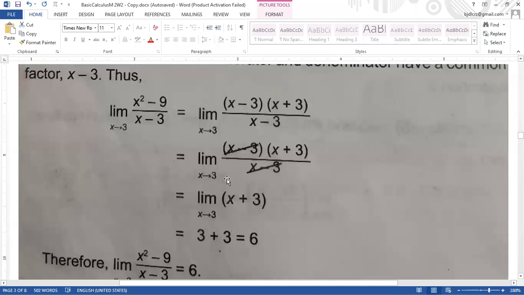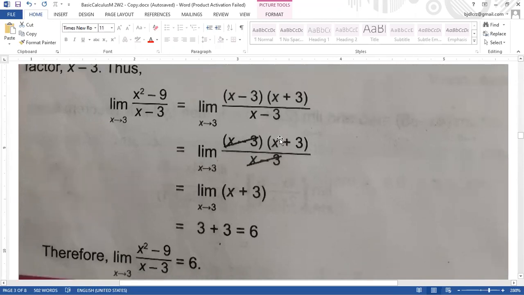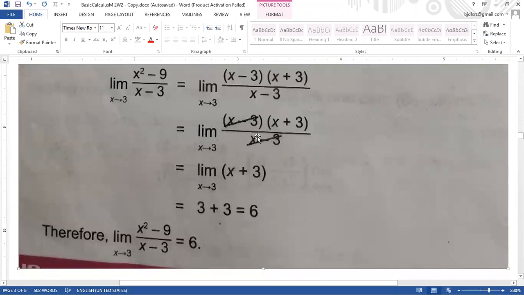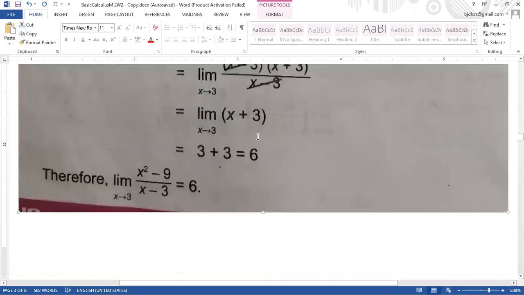Kay maka-cancel ta sa denominator, dili naman ma-DNE, kay bawal man gyud ta na denominator nga 0. So ang first goal na to is to cancel out the denominator. Basta makakita tawag na ay indeterminate form nga answer or limits. Klaro? Yes, sir.